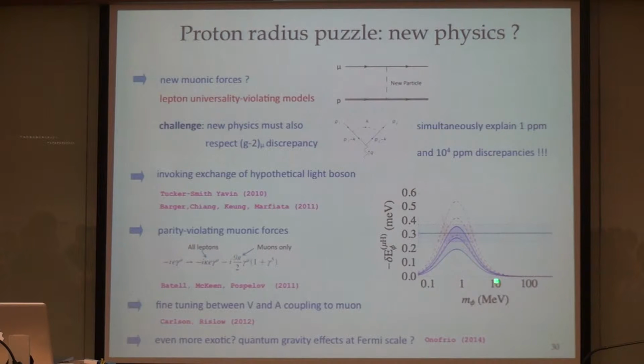If there is any new physics explanation, it basically forces you to have exchange particles in the range of only a mega electron volt, which is of course not so easy to understand.